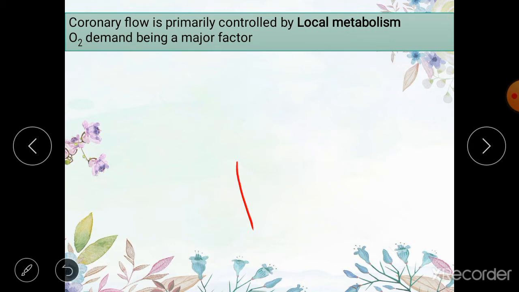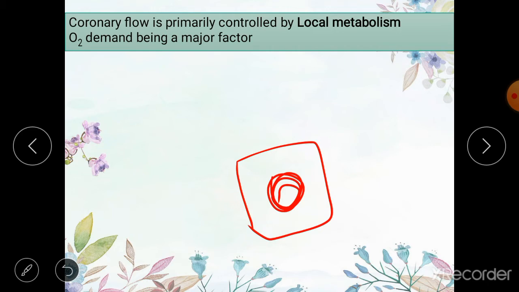So how is it detected? Suppose this is your cardiac tissue and it has started working a lot since you have started running or exercising. So now your cardiac muscle is working with greater effect, the heart rate has increased, the heart contractility has increased.